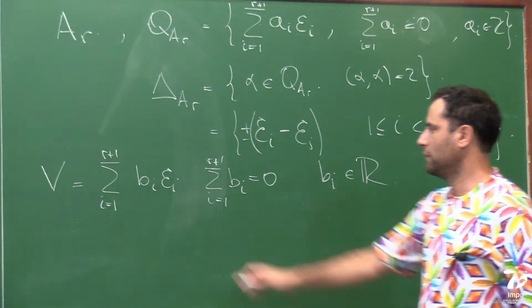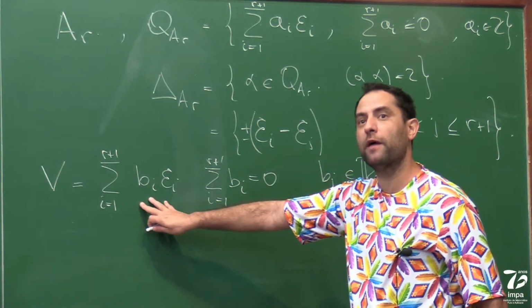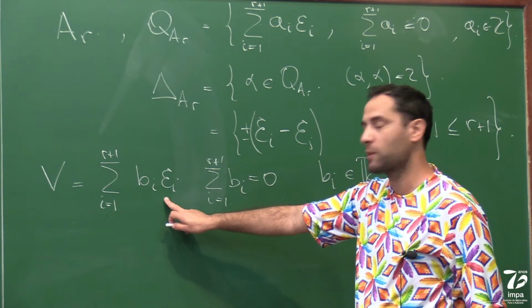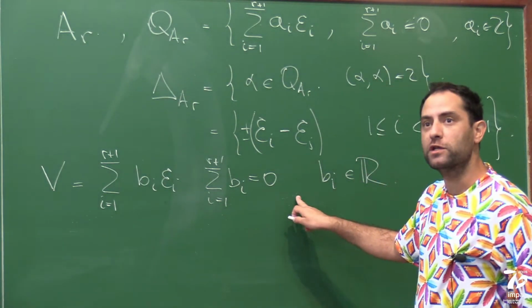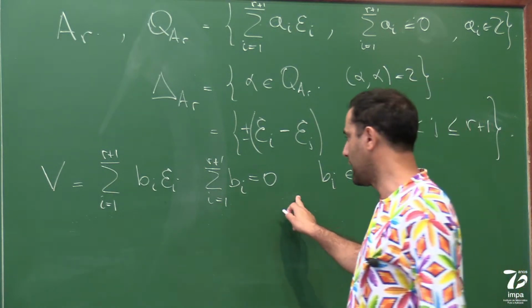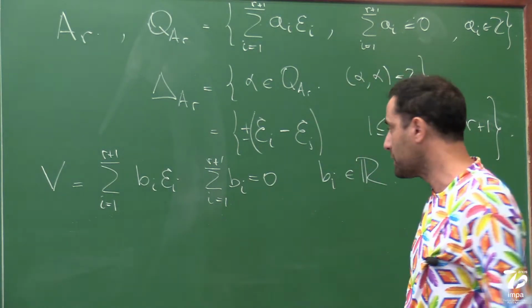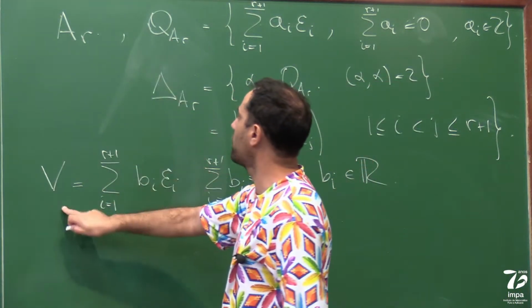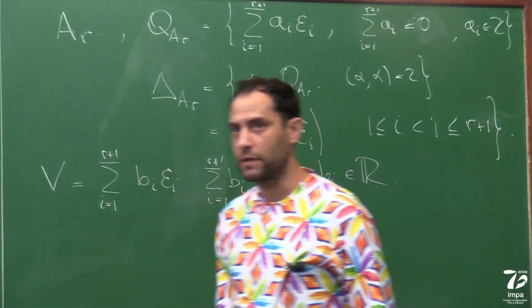So I have an r plus 1 dimensional vector space with basis epsilon_i from 1 up to r plus 1, modulo 1 linear equation, that's an r dimensional vector space. So this is my V. This is Q inside of V, and this is delta inside of Q.